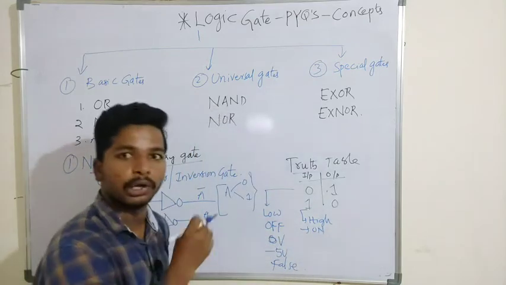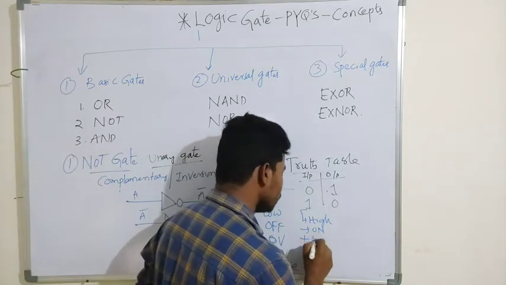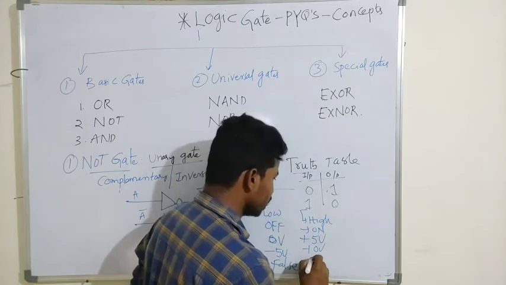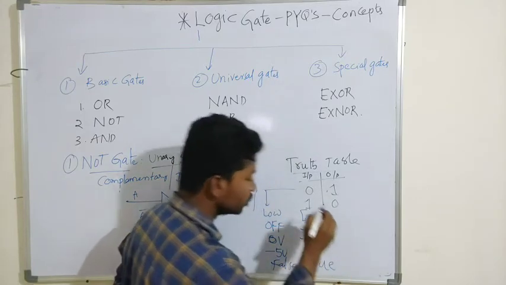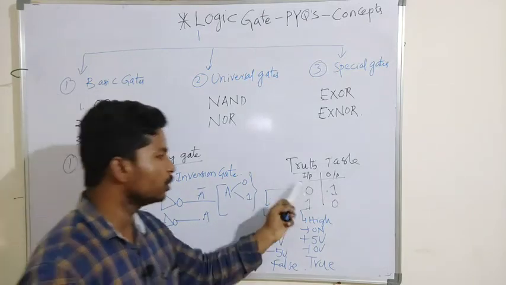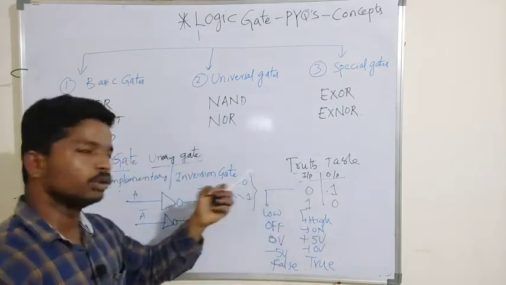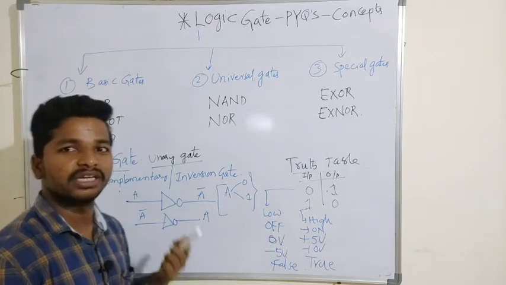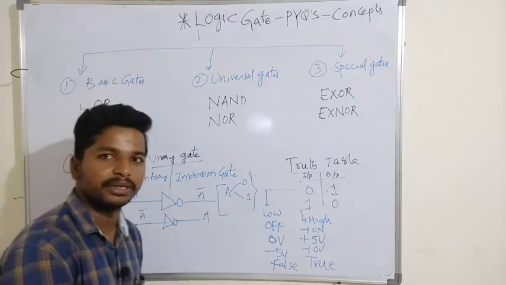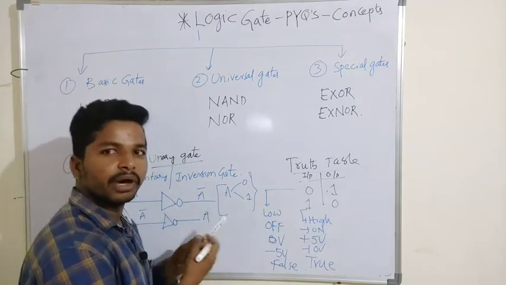It shows the on condition, positive 5 volts, and also the true condition. So 0 has many meanings: it could be an off condition, low, a negative voltage, or a false condition.